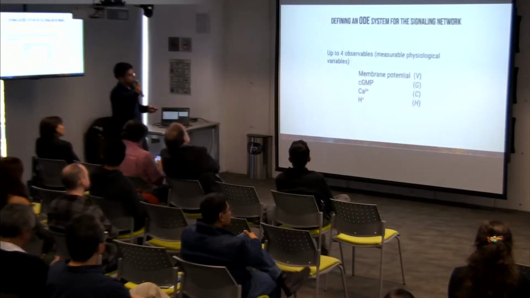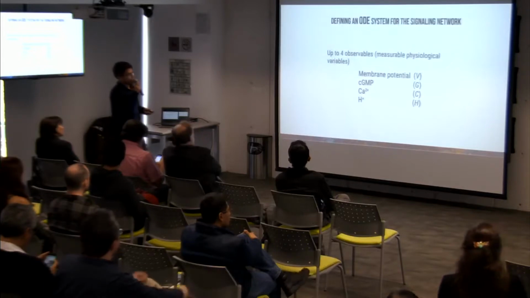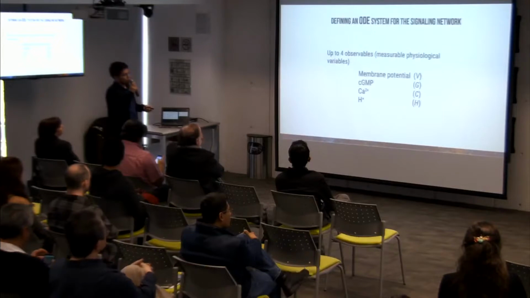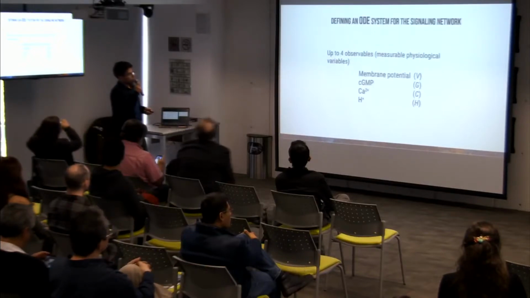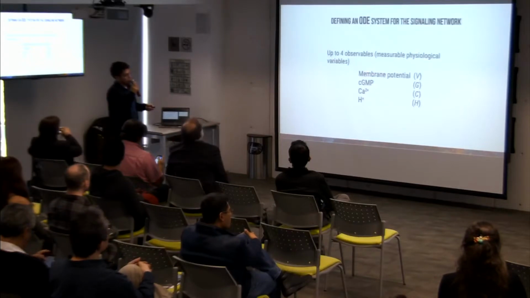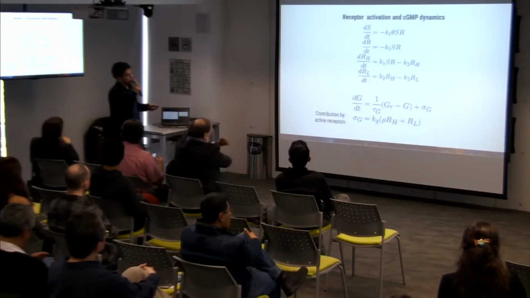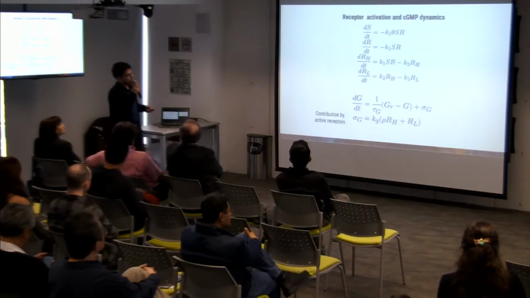So we are working with an ODE system, a system of differential equations, and these are the observables that we are to compare to measurable physiological variables, which are the membrane potential, the cyclic GMP, calcium, and the protons. This is the kind of equations that we are using for modeling the receptor activation for SAP and the cyclic GMP dynamics.